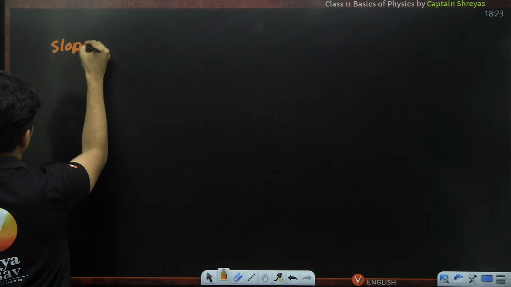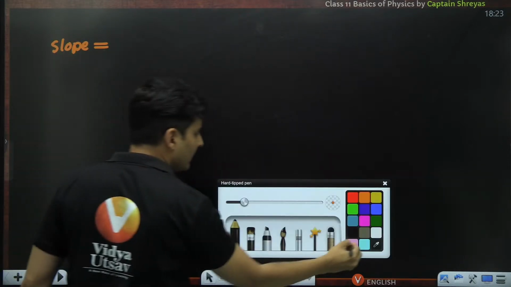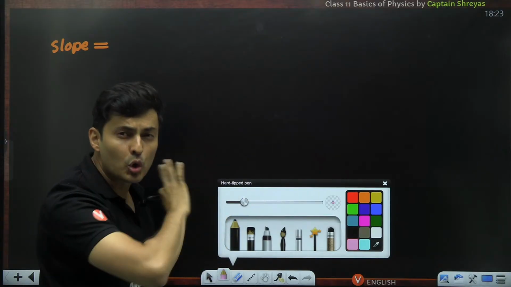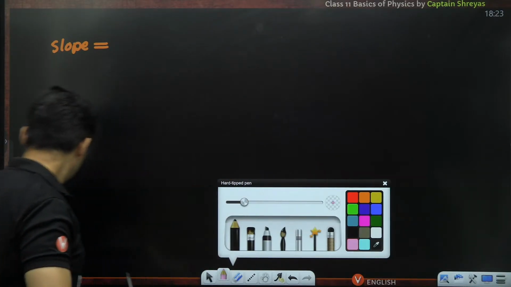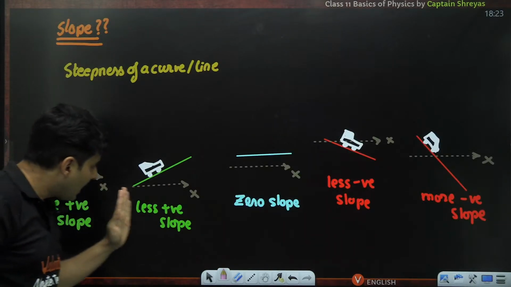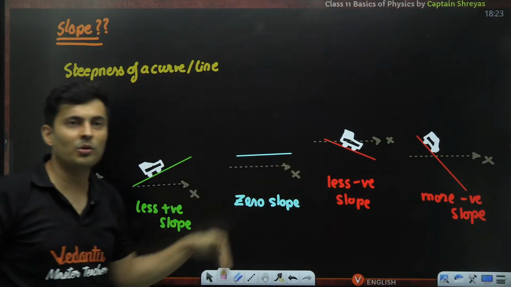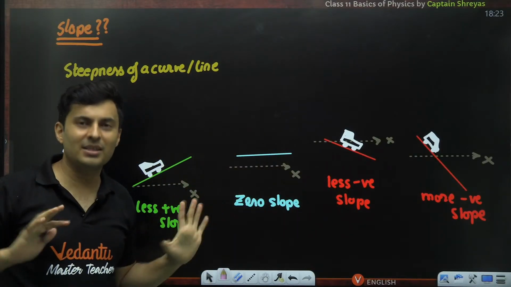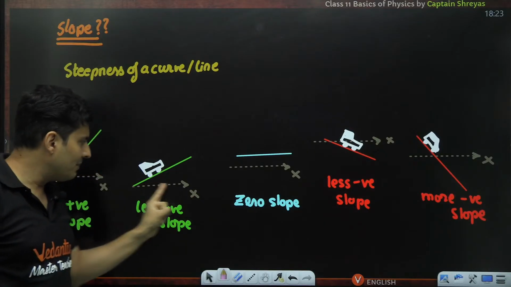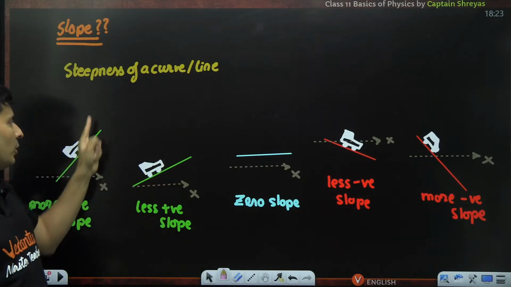The value of the slope is always, in very layman, crude terms, think like this. When I'm traveling this much, how much high I am going up or how much down I am going, that defines my slope. If I travel 1 meter, if I go up a lot, my slope is more.